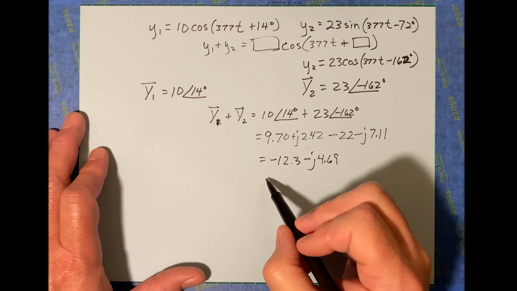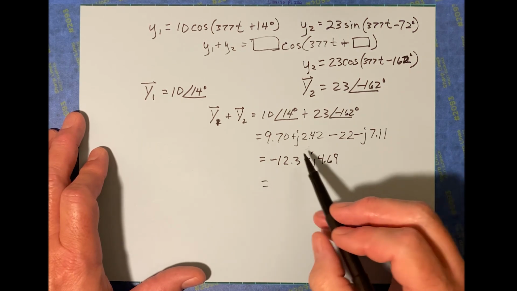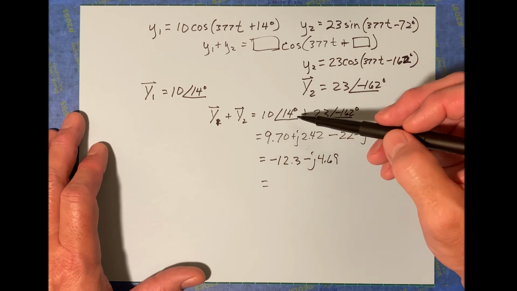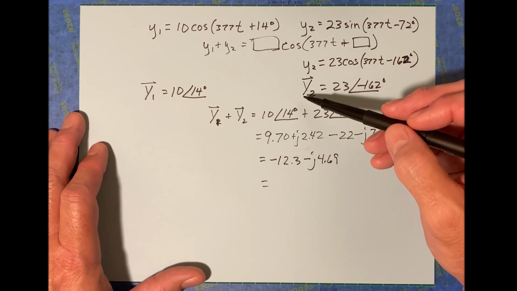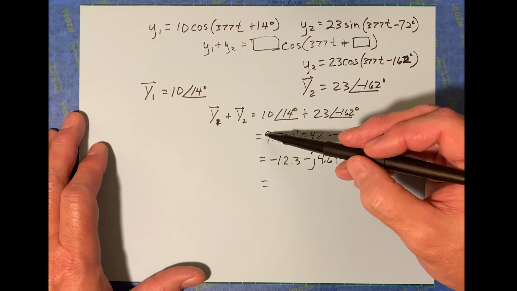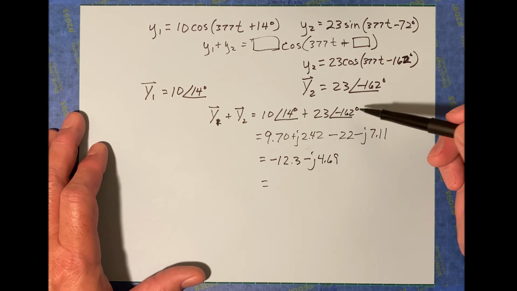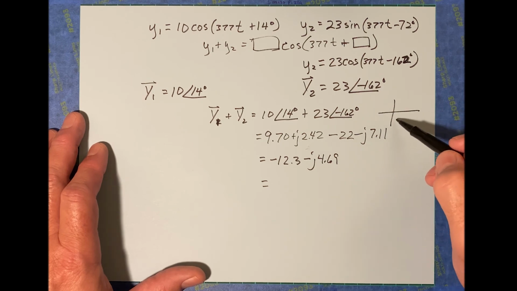Okay. Now you need to convert from, let's pause for just a minute. This 10 angle 14 tells me that that's going to be in the first quadrant, so I should have a positive x and a positive y. However, this one is minus 162. That places it over here somewhere.